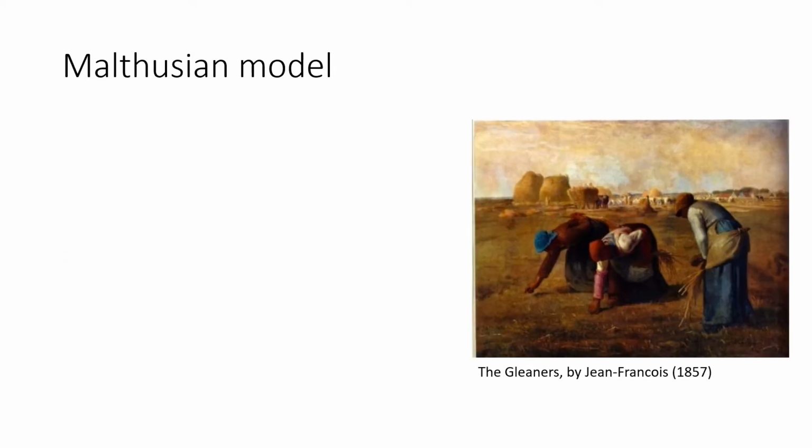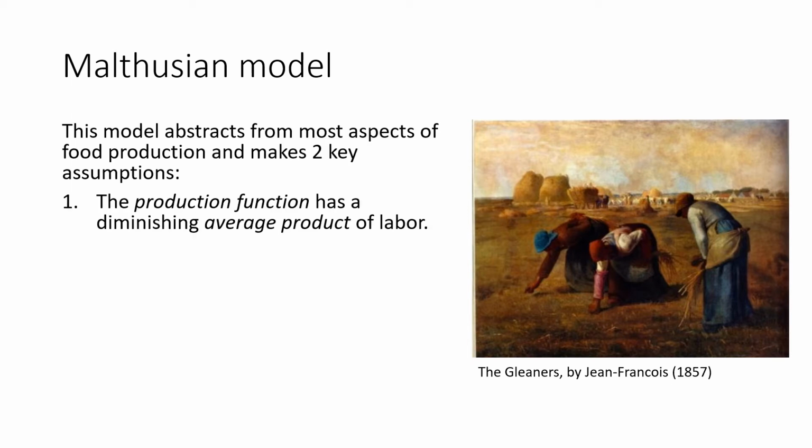Today, as we discuss the Malthusian model, we'll focus on two key assumptions. The first is that the production function has a diminishing average product of labor. First, we need to define an average product. Our average product is our total product divided by the number of farmers. We'll utilize production functions to calculate our total product and then divide that by our inputs.